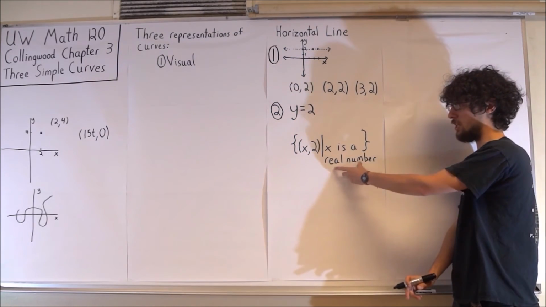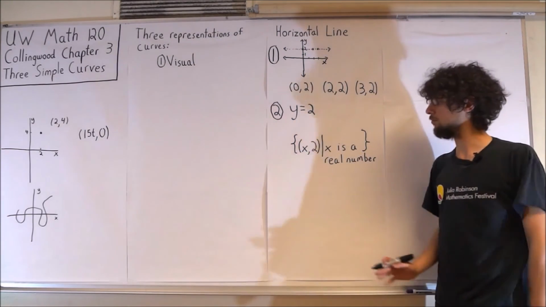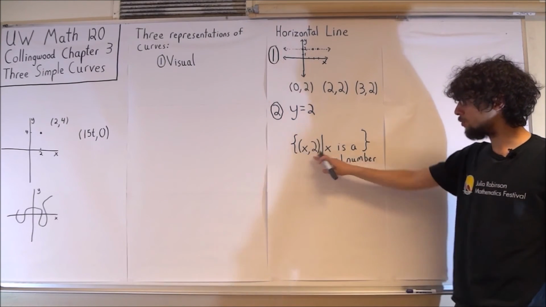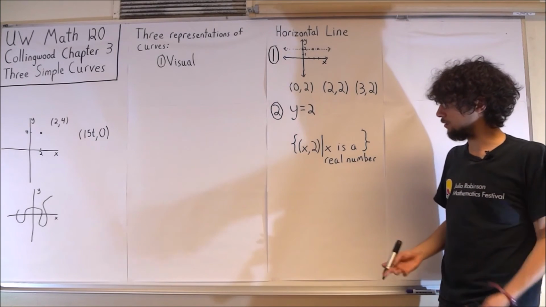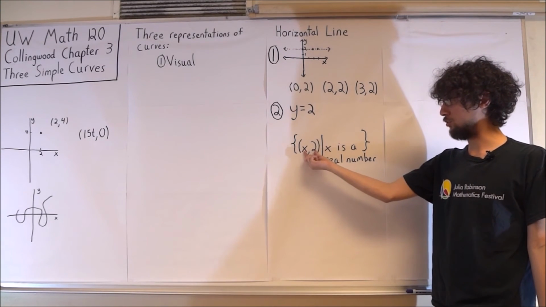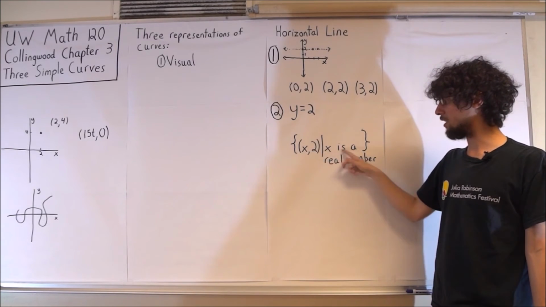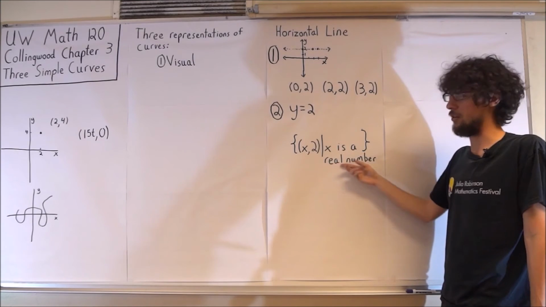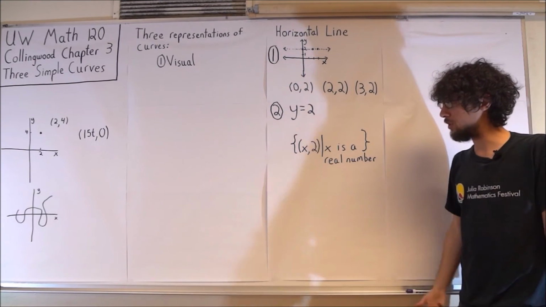Ideally, this entire phrase would have fit inside this, but I hope you'll forgive me. So what do we mean by this, and how do we even read it? We say the set of points (x, 2) such that x is a real number, or where x is a real number. What do we mean by this?